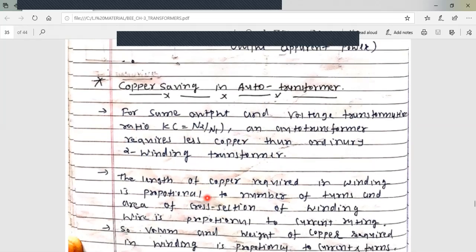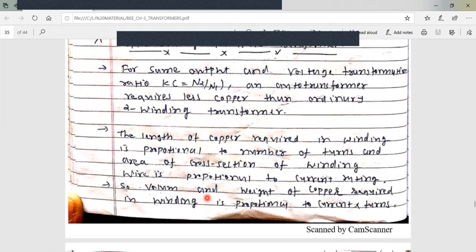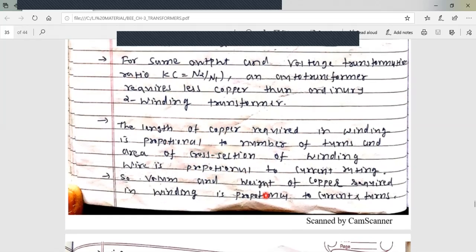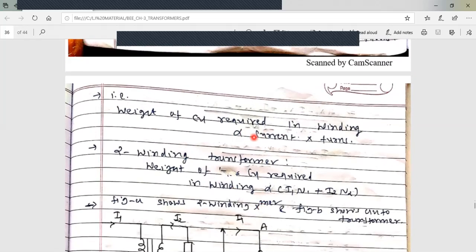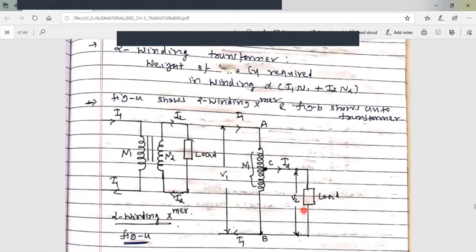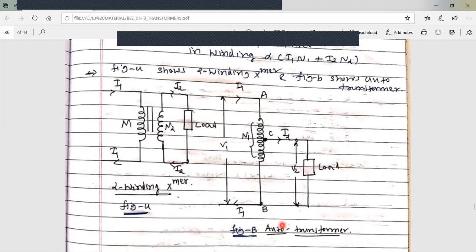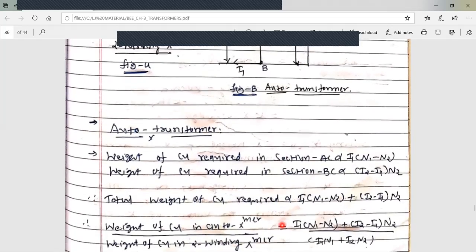And for copper saving, you have to keep in mind that the volume and weight of copper required in winding is proportional to current and turns. So we have taken that weight of copper in two winding transformer is proportional to I1 N1 plus I2 N2, and weight of copper in this auto transformer is proportional to I1 into N1 minus N2 plus I2 into N2 minus N1.